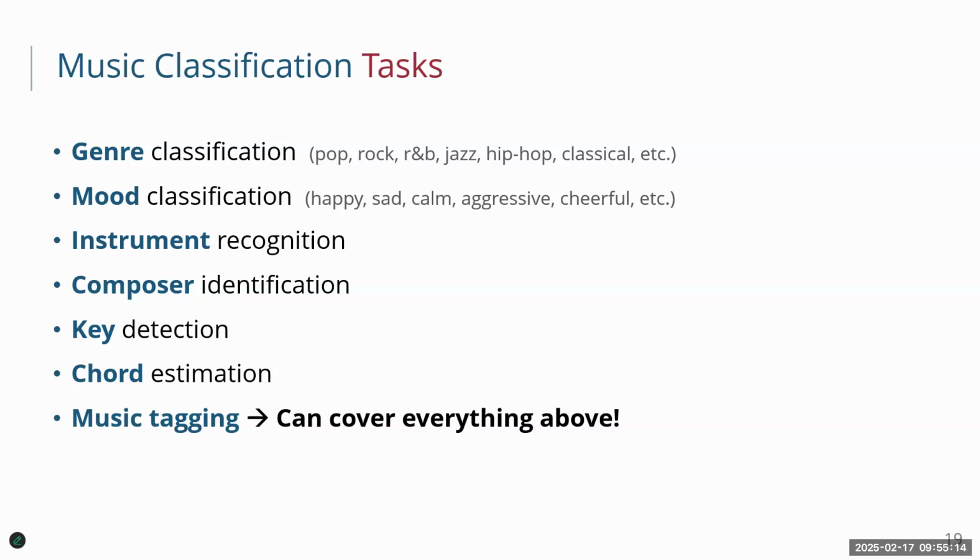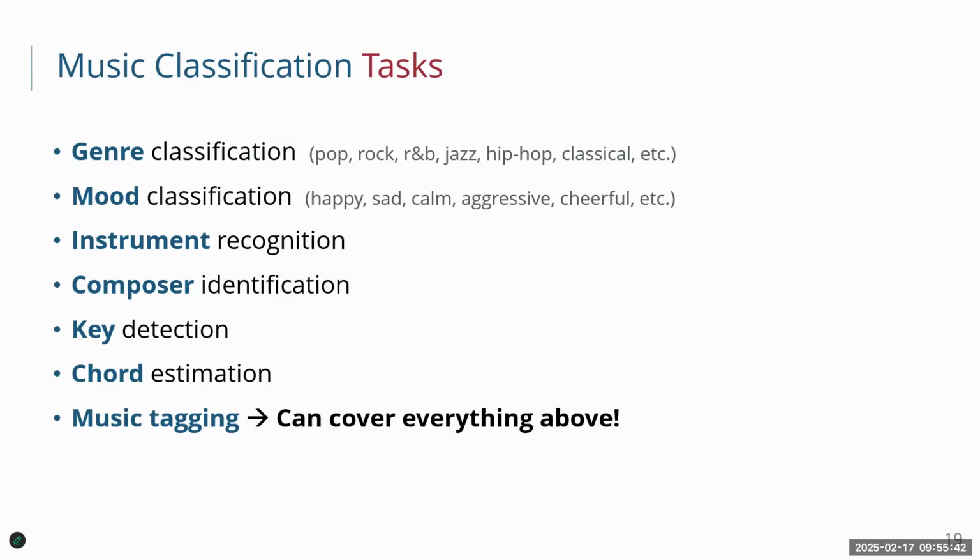So you can do genre classification: pop, rock, R&B, jazz, hip hop, classical, and so on. You can also do mood classification if it makes sense. If you just want high-level features, sad, happy, calm, aggressive, cheerful, then potentially you can do mood classification this way. In practice, we seldom do mood classification directly in this way.